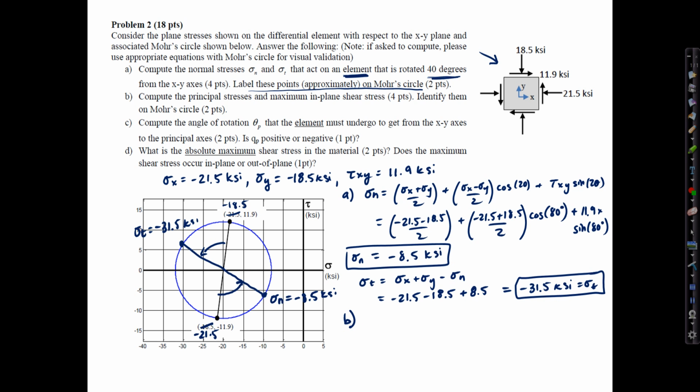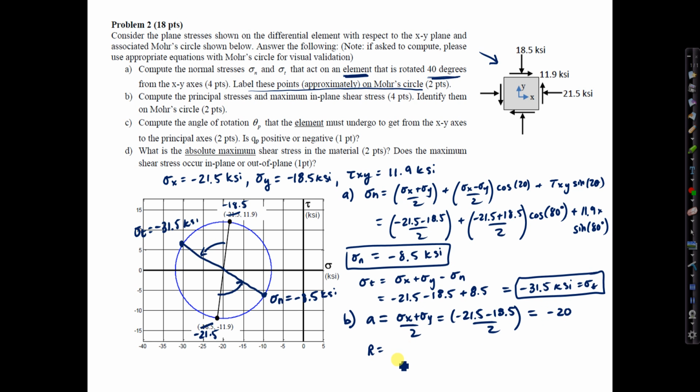Part B, compute the principal stresses and the maximum in-plane shear stress. Identify those on Mohr's circle as well. For principal stresses, we need to compute the center of the circle, sigma x plus sigma y over 2, which is negative 21.5 minus 18.5 over 2, which is going to compute to a nice negative 20.